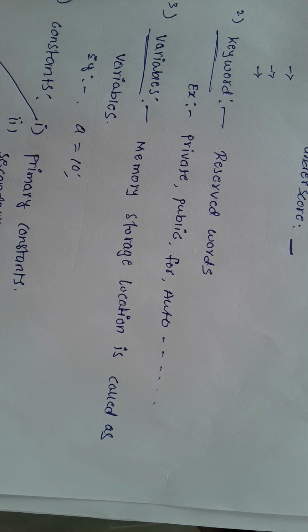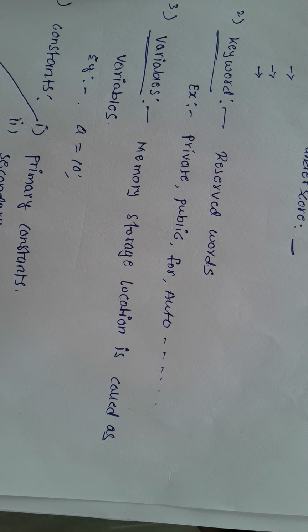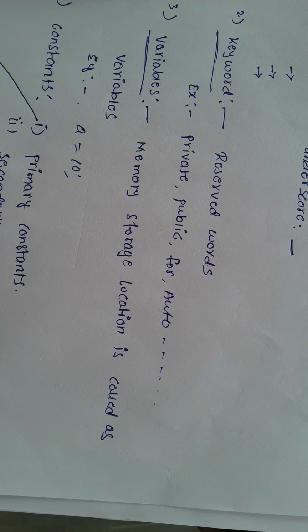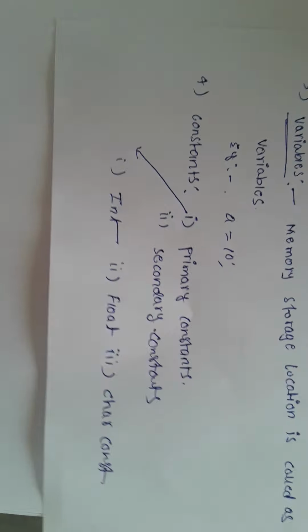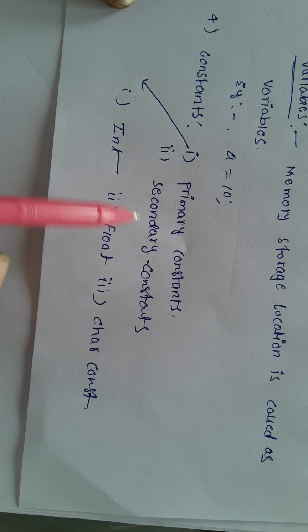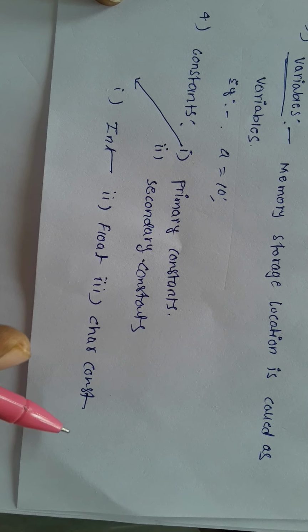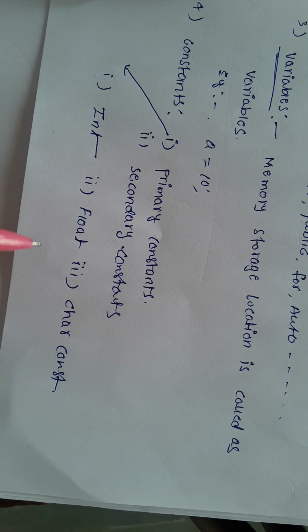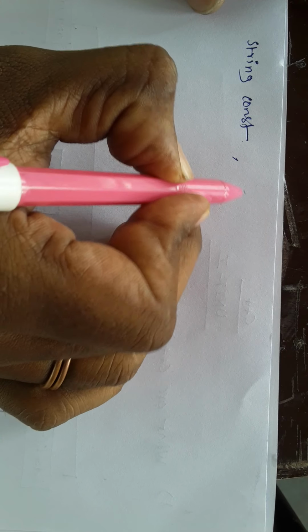The primary constants include integer constants, float constants, character constants, string constants, and boolean constants.